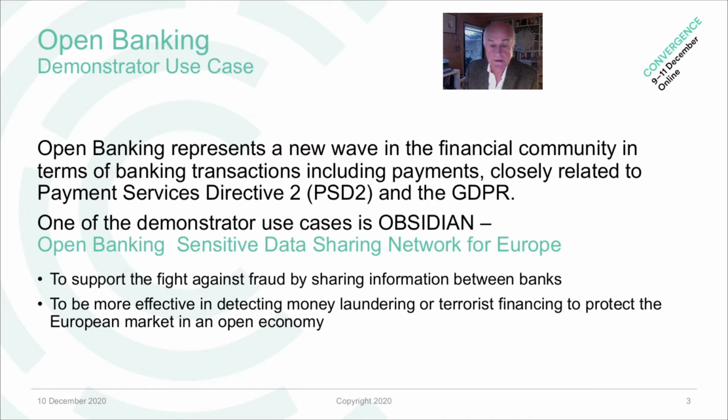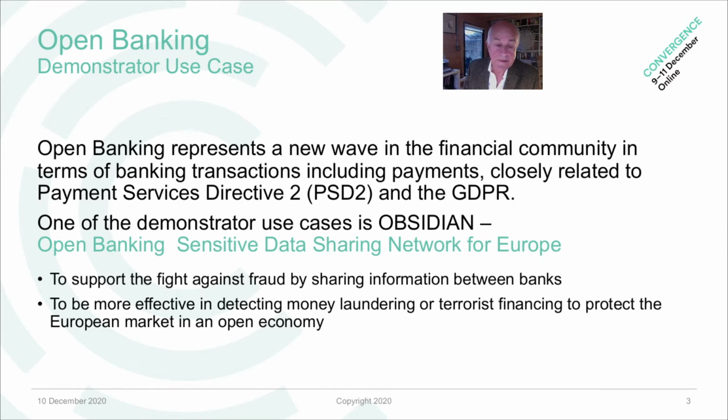So one of the demonstration use cases within open banking is Obsidian, which stands for Open Banking Sensitive Data Sharing Network for Europe. You can see why we made it an acronym. And what we're attempting to do here is to support the fight against fraud by sharing information between banks without revealing sensitive information, either about the fraud itself or about the banks involved.